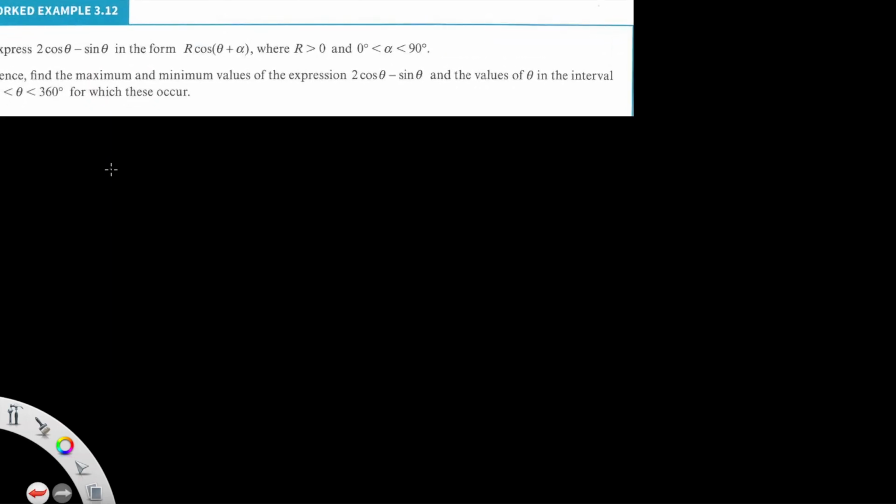Again, I write the expression that we just found. r was root 5 cosine of theta plus 26.57. Instead of finding the minimum and maximum of the original expression, I find the maximum and minimum of this expression.